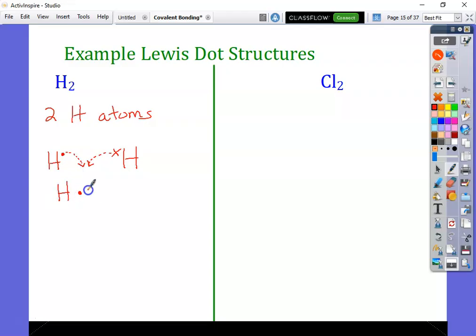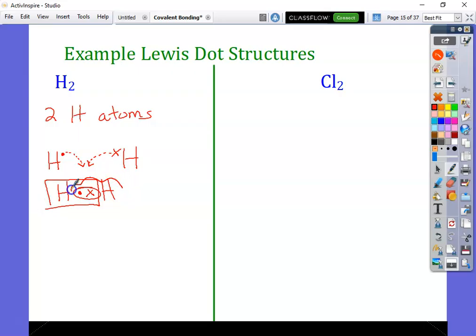So what we end up with is our 2 hydrogen atoms with 2 electrons between them. And these 2 electrons are the shared electrons. They belong to both hydrogen atoms at the same time. And so now we would say, okay, this hydrogen atom now has its 2 electrons that it wants, so it is energetically stable.